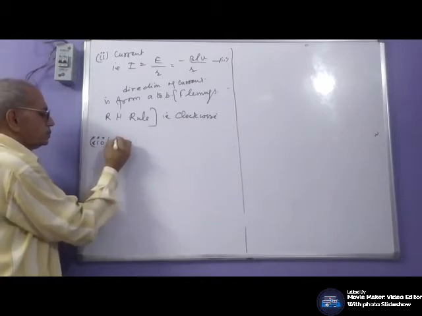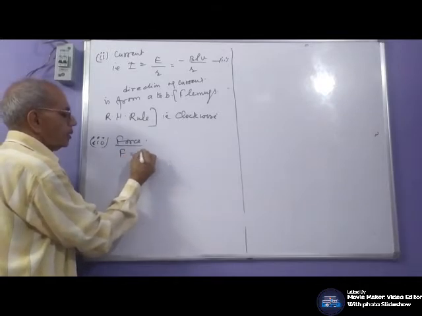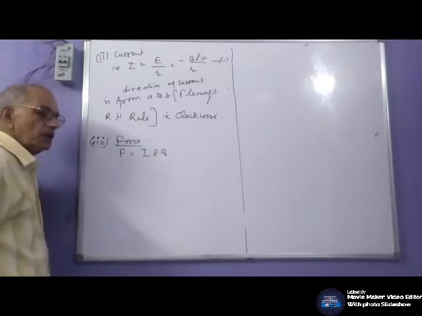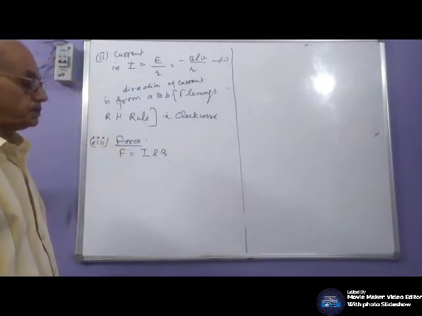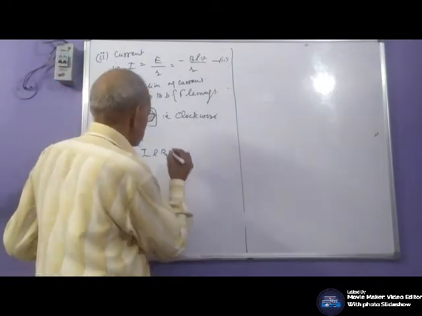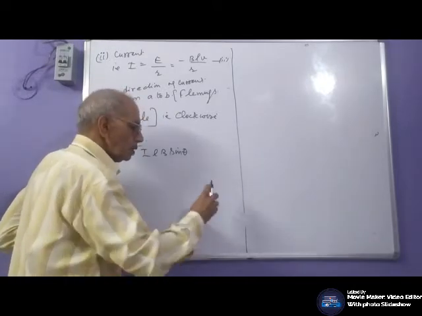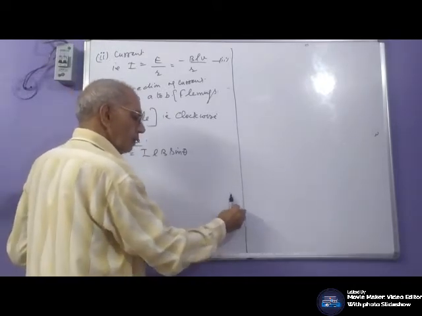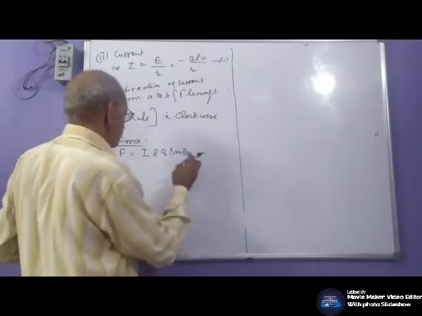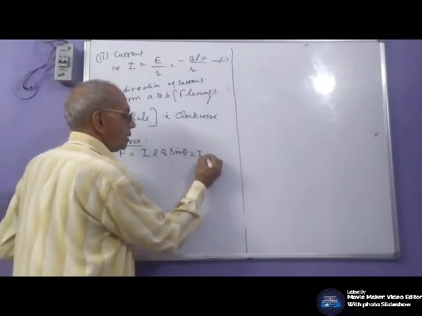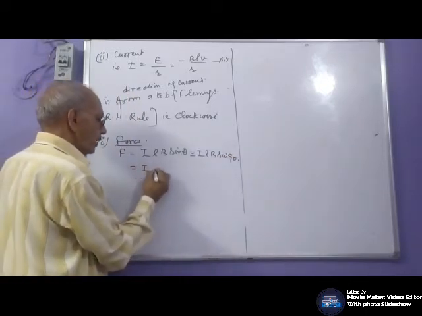Force on conductor F equals I L B sin theta. Theta is angle between L and B. ये L है, मार्कर L था बोर्ड पर. ये भी ऐसे मूव किया था, और B अंदर, तो it is ILB sin 90. तो force will be ILB.